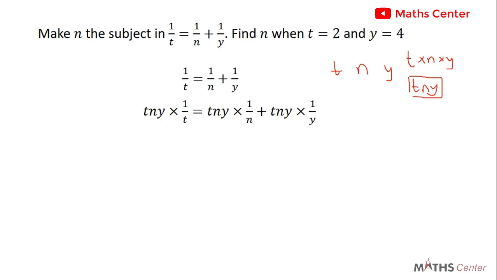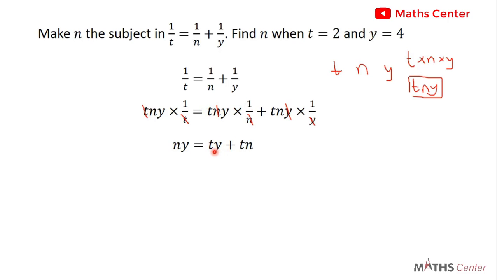So you can see that t here will cancel t, n will cancel n, and y will cancel y. So in effect, we are going to get ny times 1. Ny times 1 is ny. Because n is gone and this n is also gone, we are going to get ty times 1.